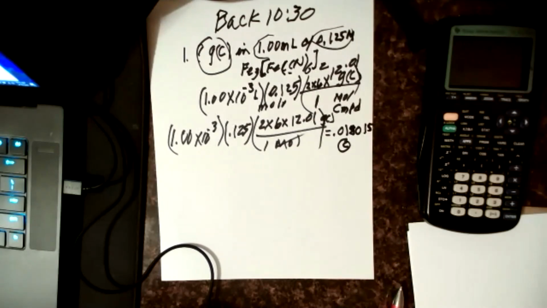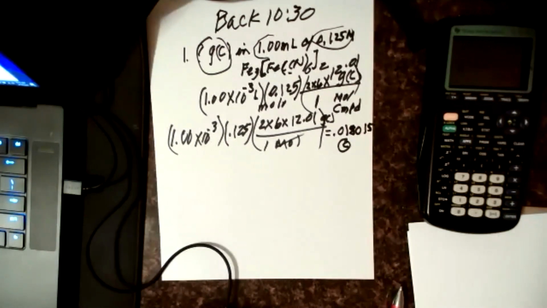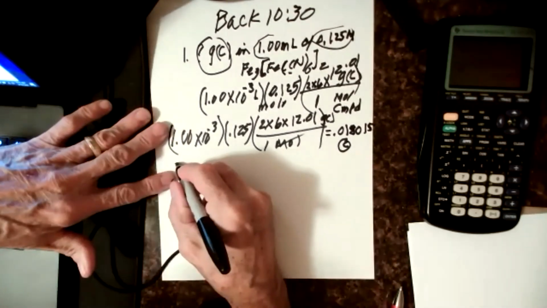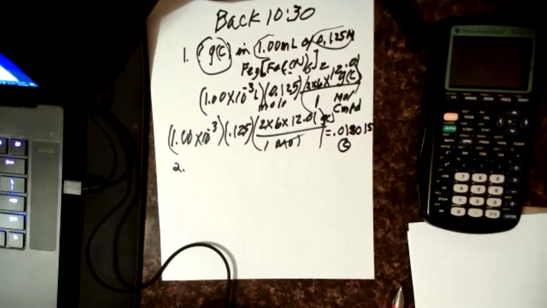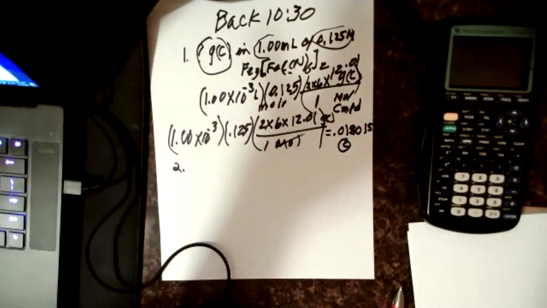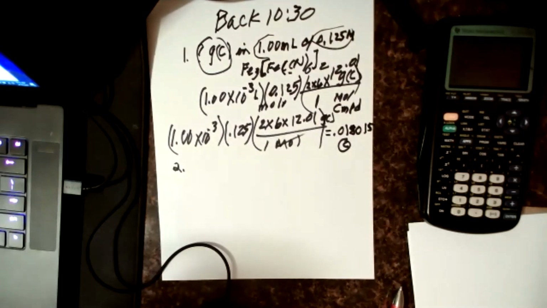Now, number 2 is a very, very practical problem. When you get to quant, I am absolutely sure you'll have to work a problem like this. We generally have stock solutions of all of our strong acids and bases, well, anything that's liquid.